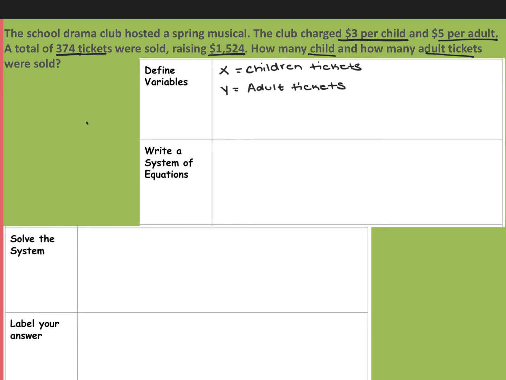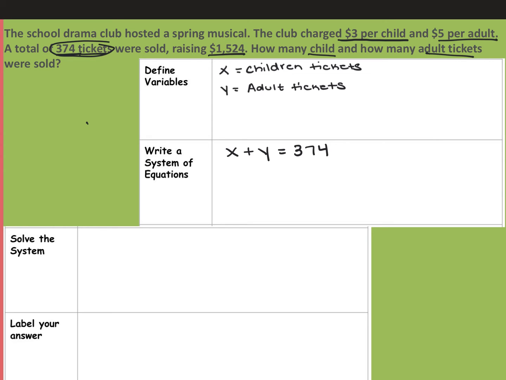So we know that they sold a total of 374 tickets. So the number of children's tickets plus the number of adult tickets total 374 tickets.